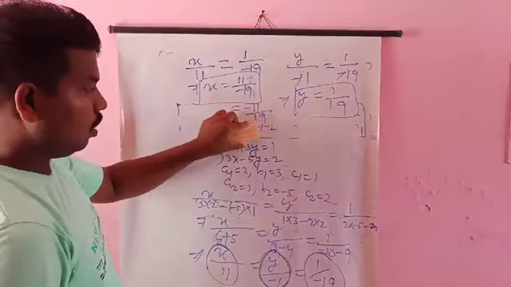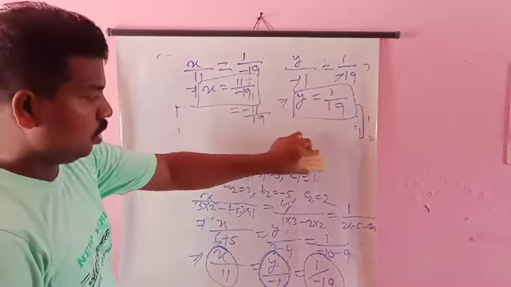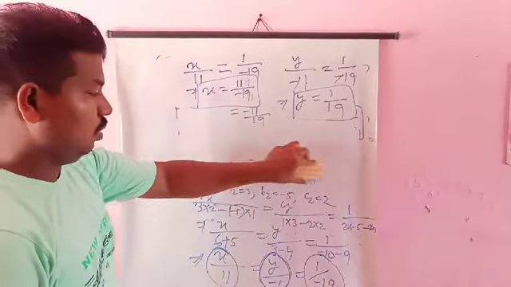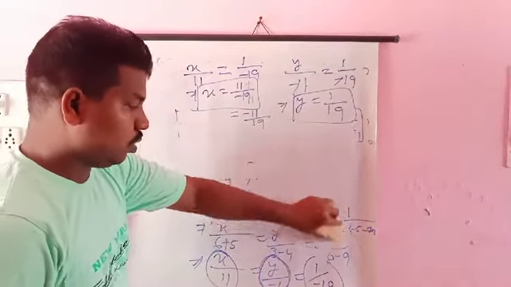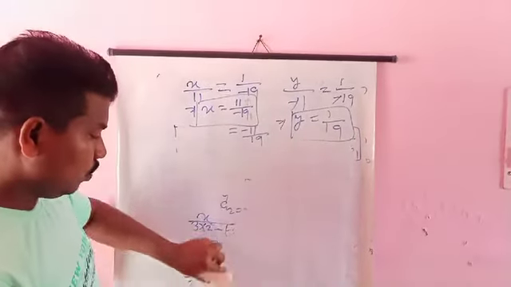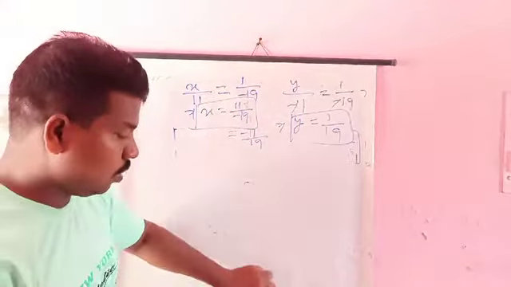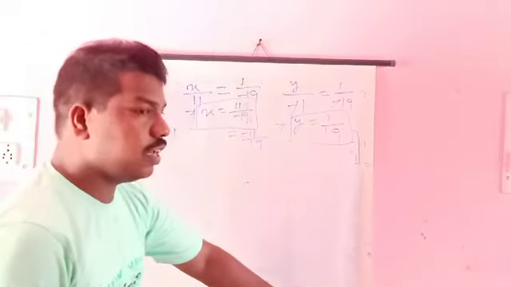So this is the method for finding the solution of a pair of linear equations by the cross multiplication method. These three types of methods are algebraic methods to solve a pair of linear equations. In the previous video we discussed how to solve a pair of linear equations by the graphical method.